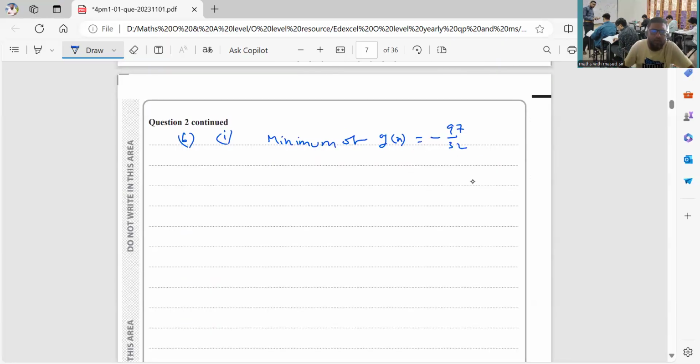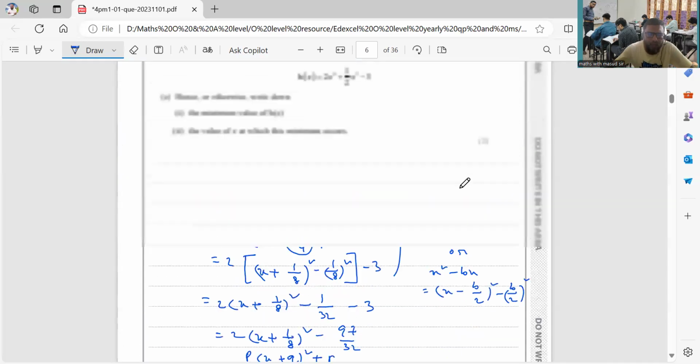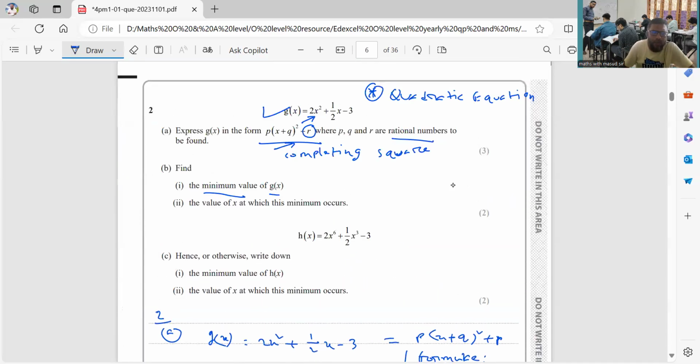And the second question asks you to find the value of x, right? If you see the question here, it asks for the value of x for which this minimum occurs.